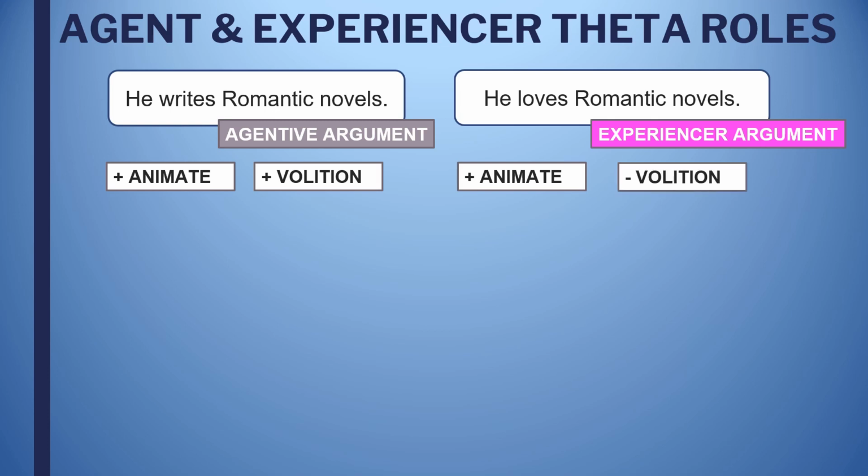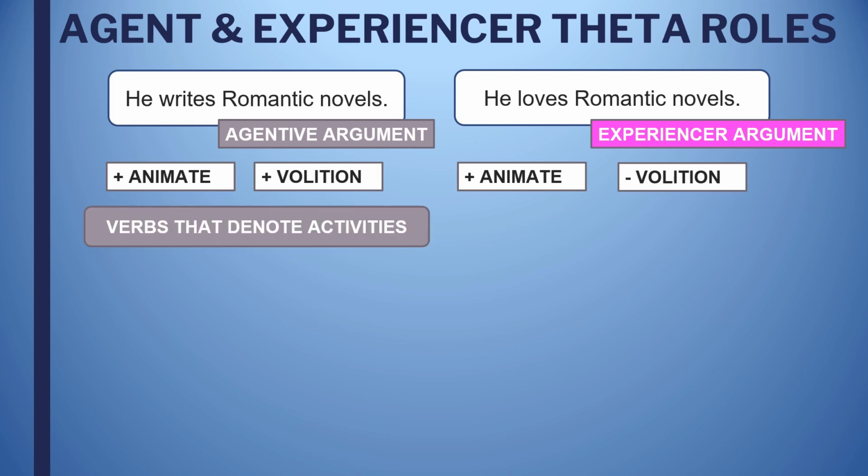So, the main difference between the agent theta role and the experiencer theta role is that for a DP to receive the theta role of agent, the verb has to denote an activity, but for the verb to receive the theta role of experiencer, that is not so. It is not an action that someone does, but a feeling, an emotion or perception someone has, whether she wants to have it or not.